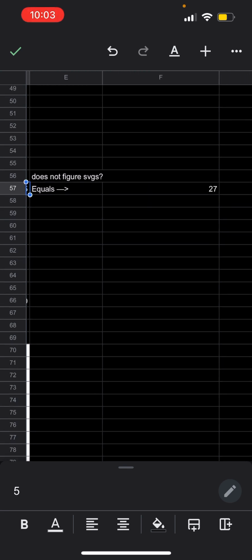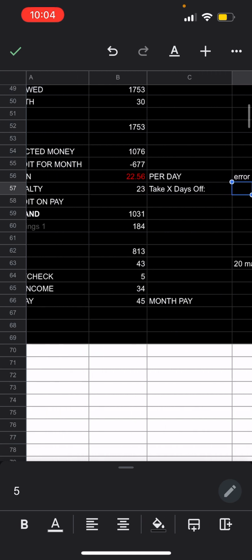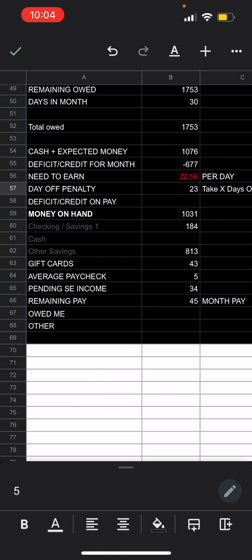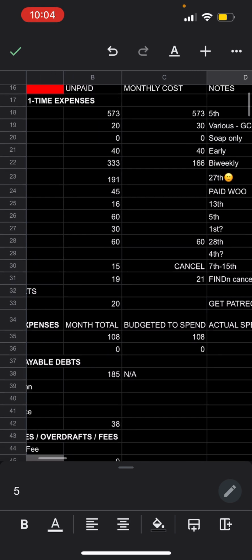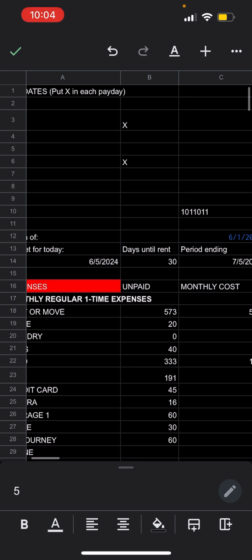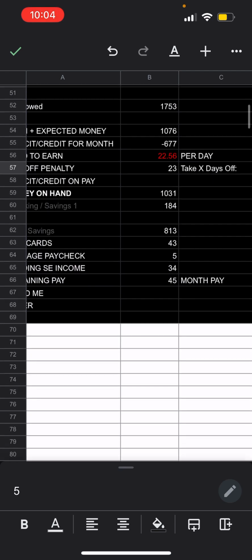So as the week and month do move forward, you're going to see that the day off penalty winds up jumping up quite a bit when you're down to 4 days off and you don't have any independent contractor work to do that day. That will figure around what you've already put in for upcoming paychecks, and then that will show that your deficit is adjusted by days off.